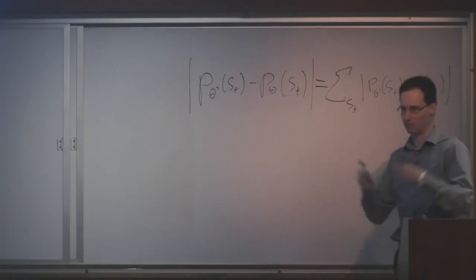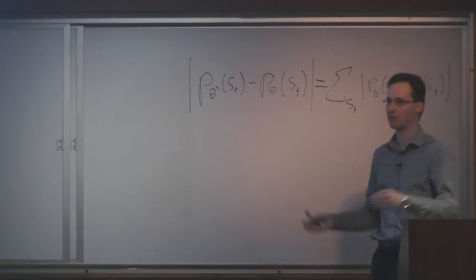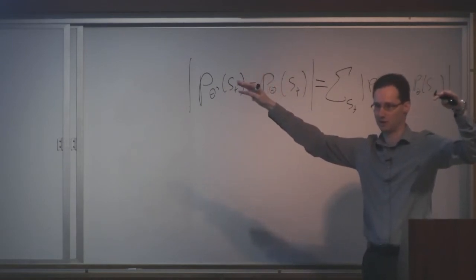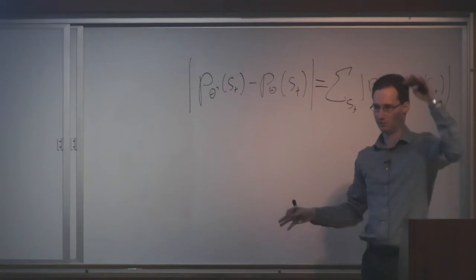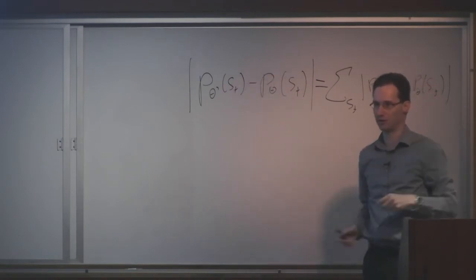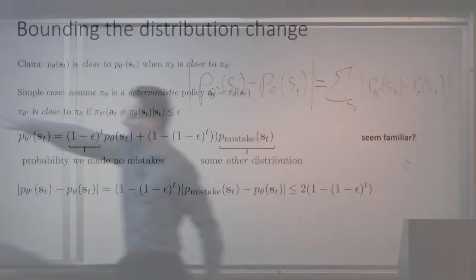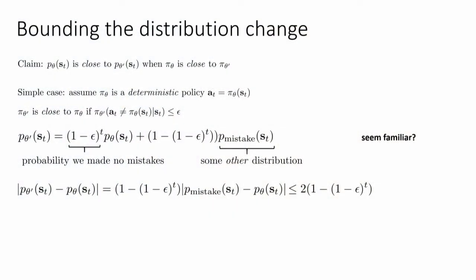Because if the distributions are as different as they can be, maybe one of them is big in one place, the other is big in the other place, their probability mass is at most 1. So plus 1, absolute value of minus 1, adds up to at most 2. So that means that I can always bound any total variation divergence by 2, and therefore I can get this bound.